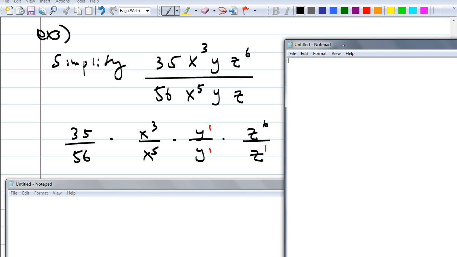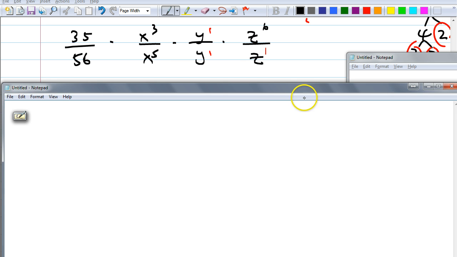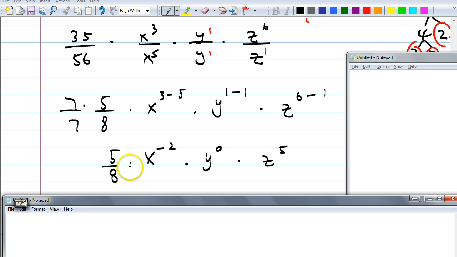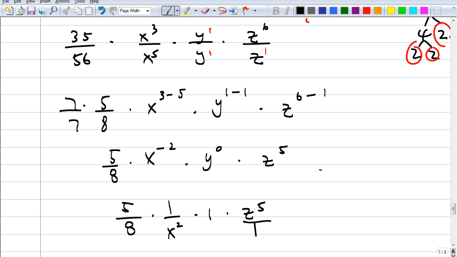If you could do this, that means you understood what we just talked about today, okay? So did you all get 7 times 5? Did you subtract the exponents? How many people got 5/8 times x to the negative 2, y to the 0, z to the 5th? Raise your hand. Could I leave it this way? No, because I have to rewrite this as 1 over x squared, right?